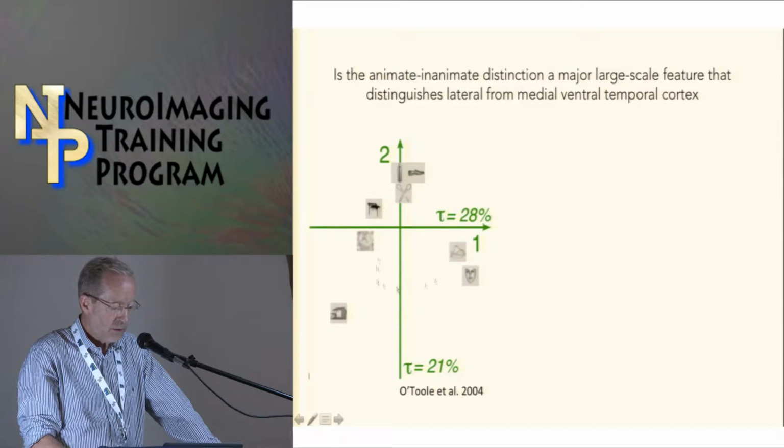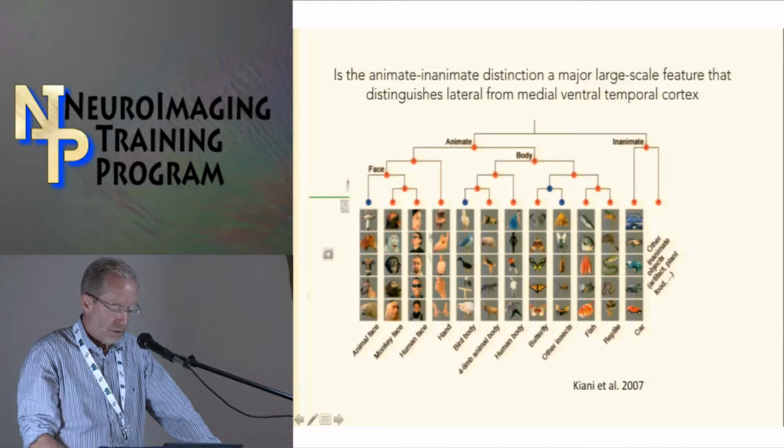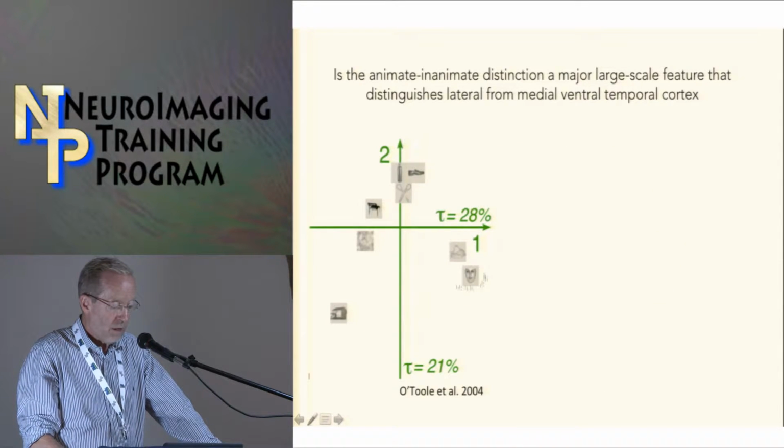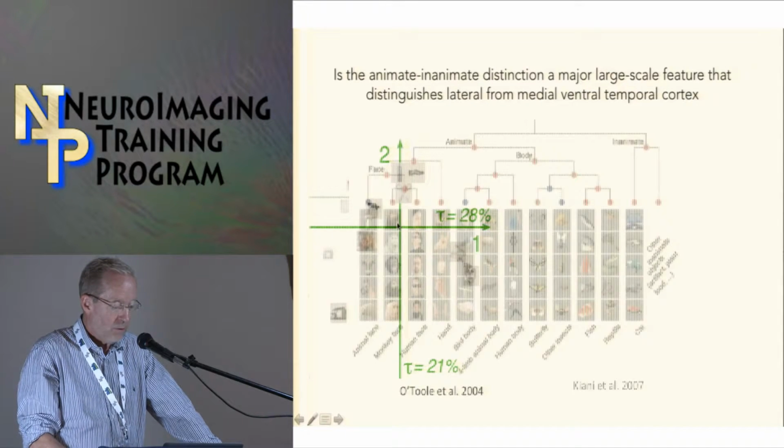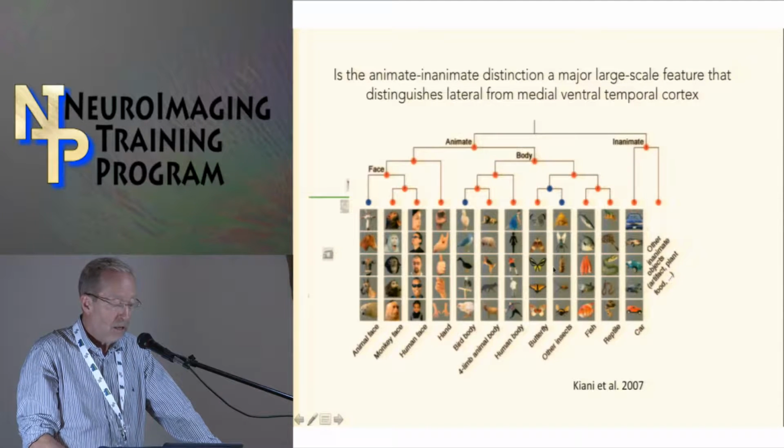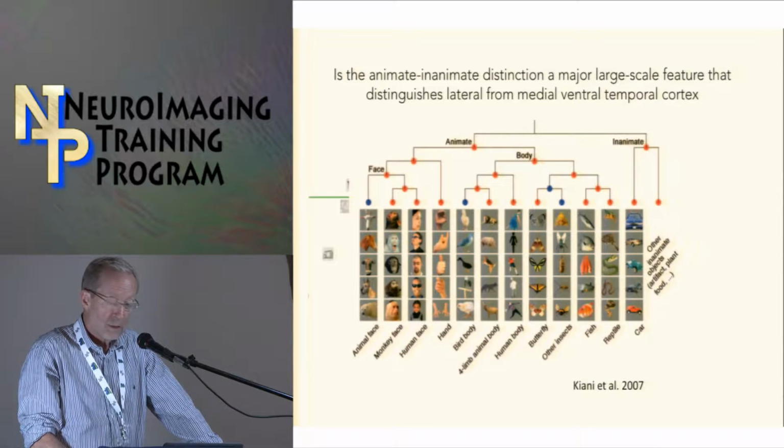So in the reanalysis of our 2001 data on representation of faces and objects in ventral temporal cortex, Alice O'Toole and Hervé Abdi did a similarity structure analysis and showed that the representation of faces and cats was distinct from the representation of the inanimate categories. There's this beautiful study by Kiani looking at population responses using single unit recording in IT cortex of monkeys, and showing that the population responses show a similarity structure where the major distinction is between animate and inanimate.